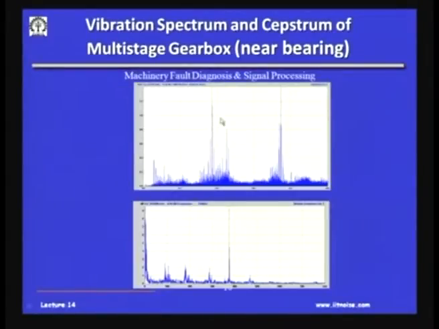Now, this is the vibration spectrum. The top one is the vibration spectrum, in kilohertz, near the bearing of the multi-stage gearbox, and you will see a group of sidebands occurring. And then I would not know.